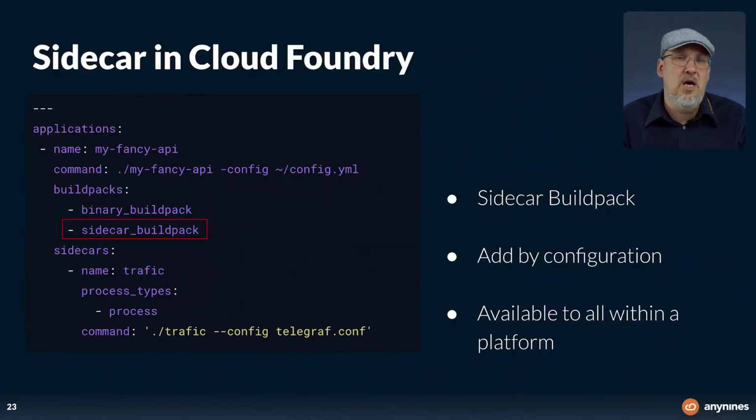More powerful is to create a Sidecar Buildpack. You could make the buildpack available to all users in your system. Using the sidecar would only need a change in the application manifest, and there's no need anymore to ship the sidecar within your application package.